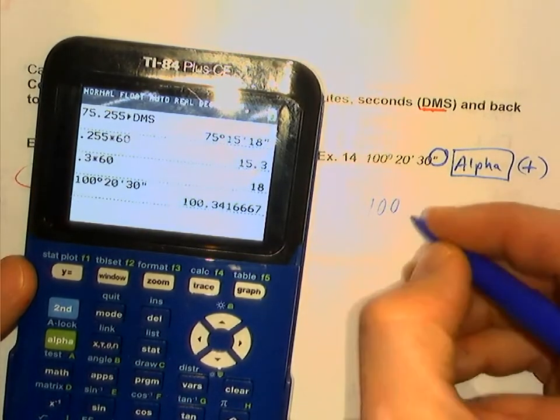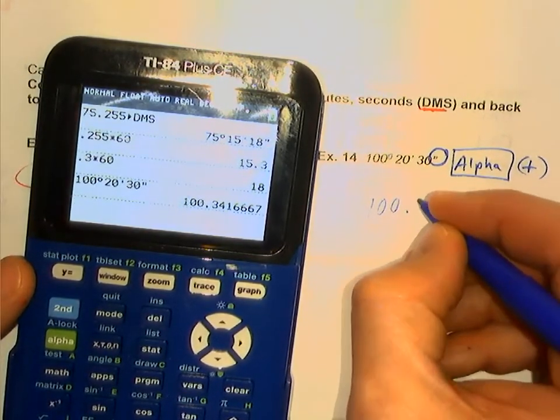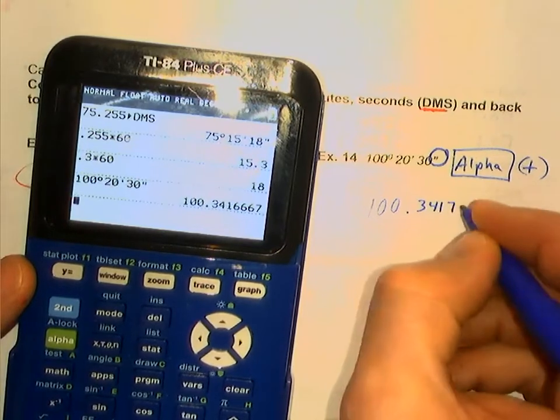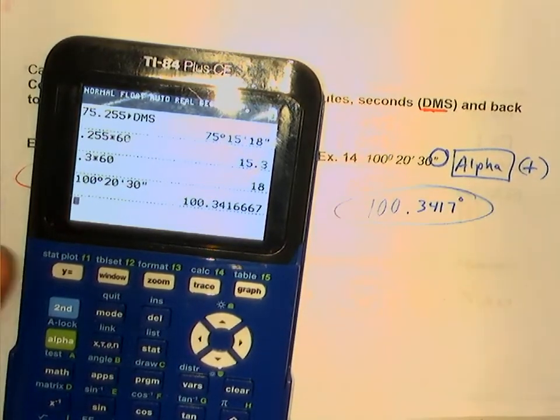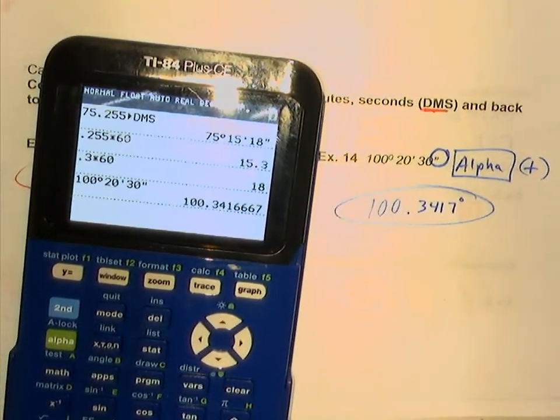Press enter, and I got 100.3417 if I round, and that's degrees. So you should be able to convert from decimal degrees to degrees, minutes, and seconds, and back to decimal degrees. Just type it in like you see it, and then press enter, and it should work out.